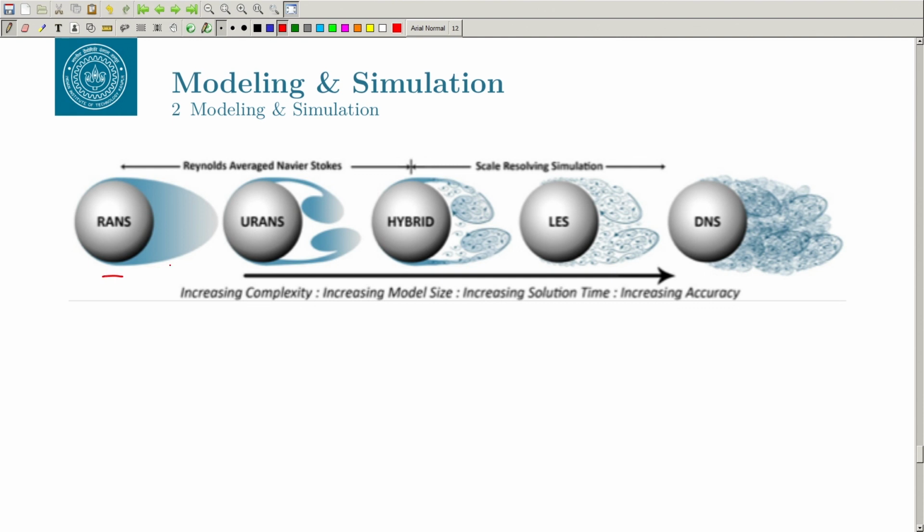Let us look at some pictures. This is from RANS to DNS. You can see that in RANS we are resolving only the mean flow, in a turbulent flow, and in DNS we are resolving all small scales. In LES we are resolving some scales, but we are missing the very small scales. In between, you can have unsteady RANS, where if you have broad changes in time, they can be captured, and hybrid is in between RANS and LES.